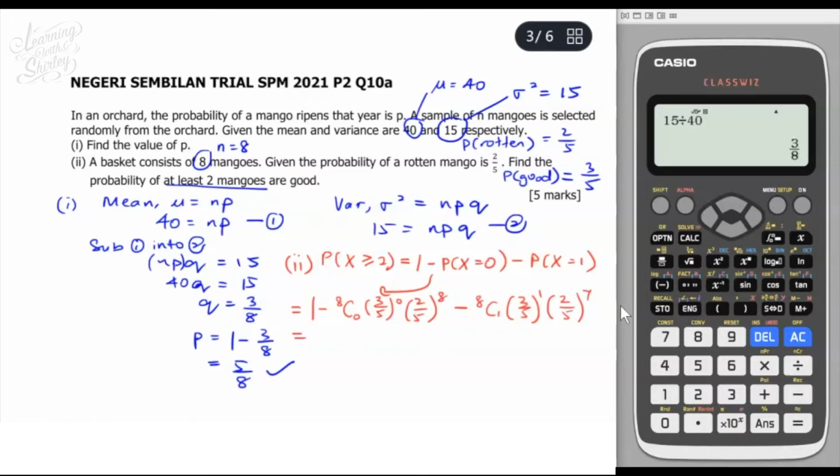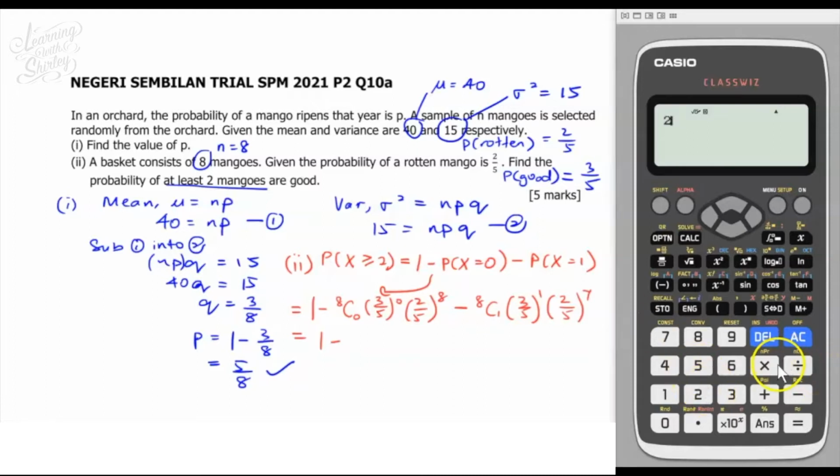Okay, then after that, we use the calculator. So for this 8C0, okay, so 8 shift C, can you see the nCr at the divide button? Okay, 0, which is equals to 1. Okay, then 3 over 5 power 0 is also 1. So actually, I just need to calculate what is 2 over 5, the whole thing power 8.